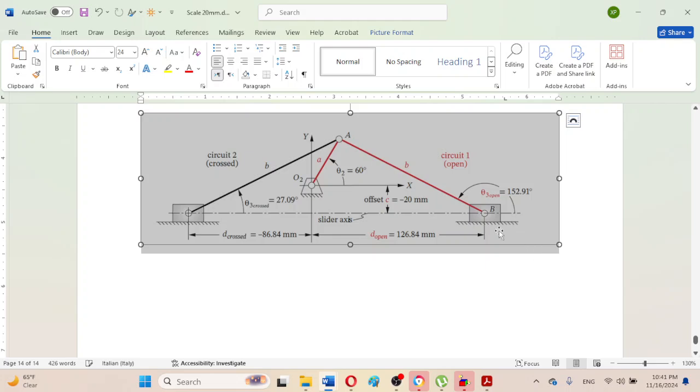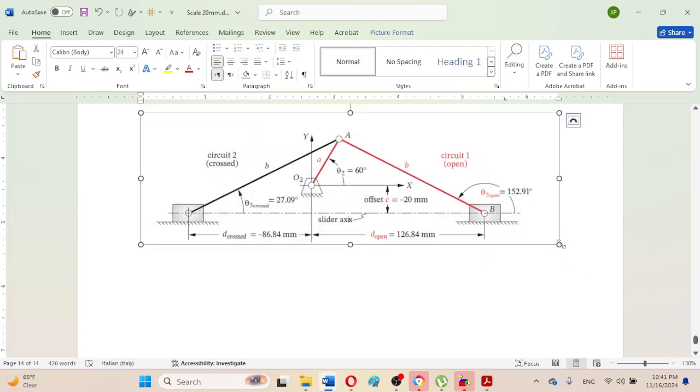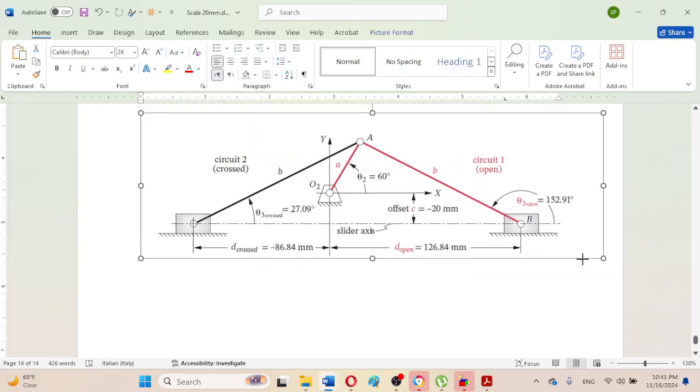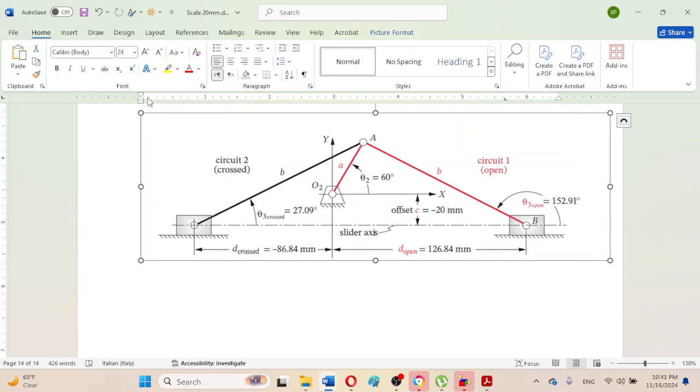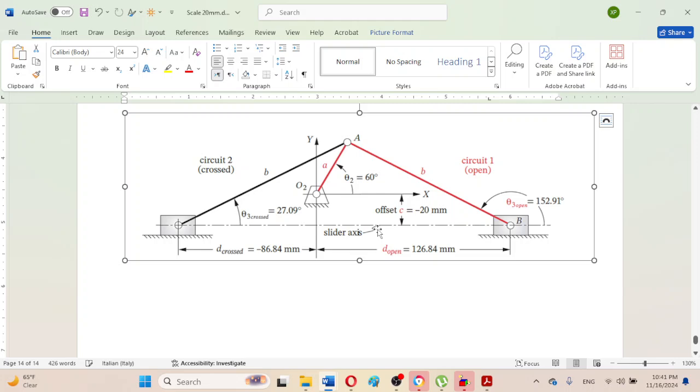So first of all, we can find the instant centers for this link for the right circuit.